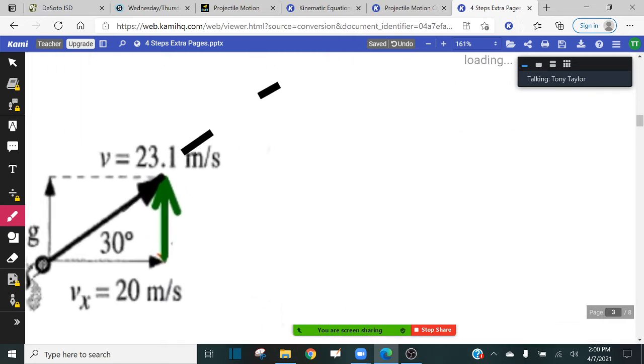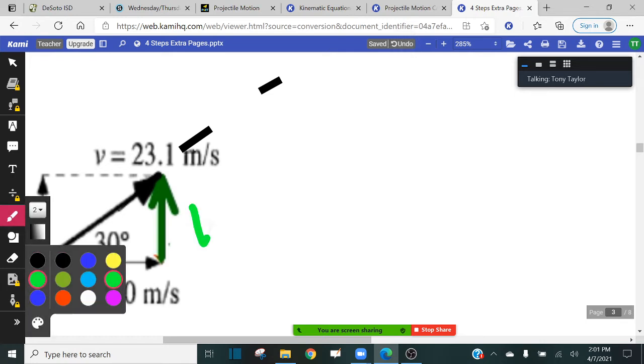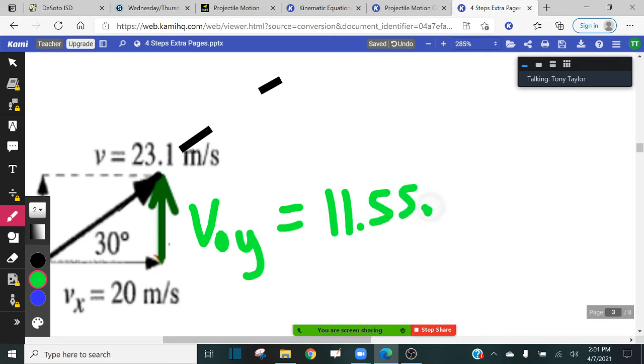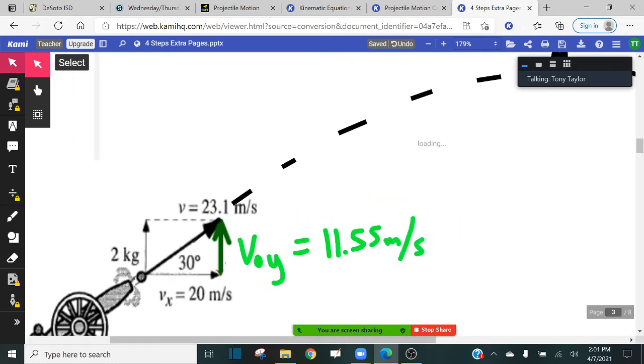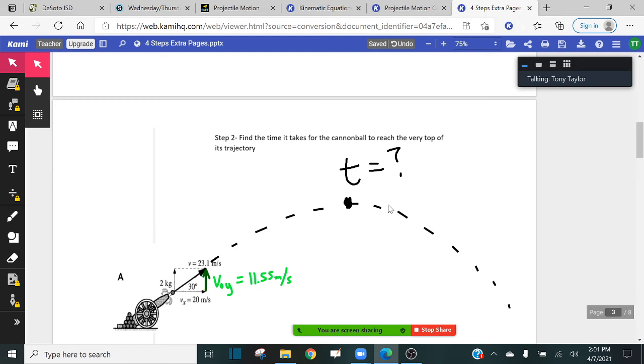Remember, guys, in step one, we already said that the initial velocity of this cannonball in the y direction is 11.55 meters per second. This number is going to come in handy when we're finding the time it takes to get to the very top.